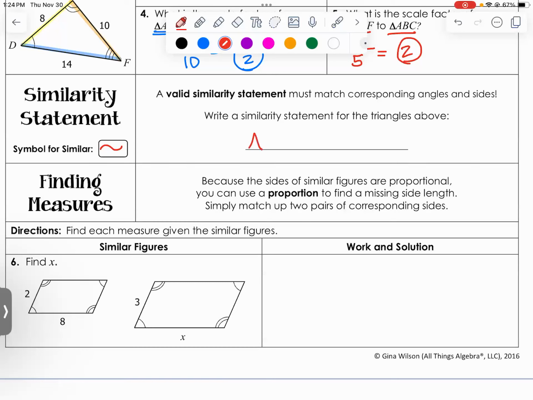So we're going to write triangle ABC is similar to triangle DEF. We have to make sure we write this in the right order. A corresponds with D, B corresponds with E, C corresponds with F, because we're talking about triangle ABC and how it's similar to triangle DEF.